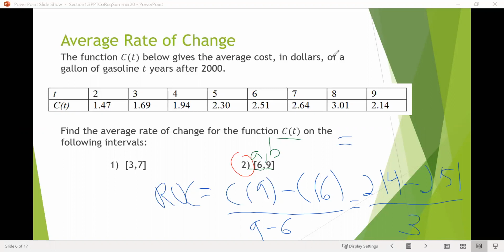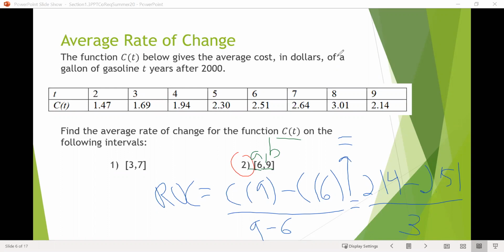If we calculate that out, I'm going to do it up above. The 214 minus 251 gave me negative 37. Divide that by 3. Calculator error here.